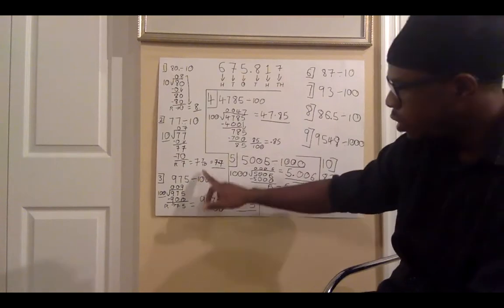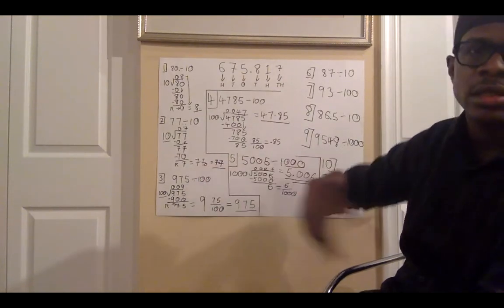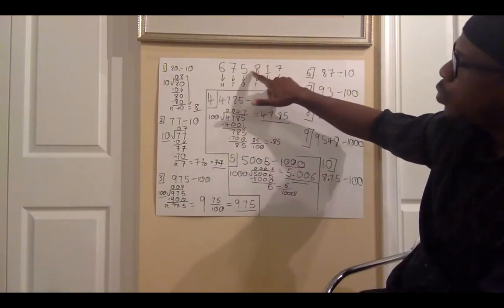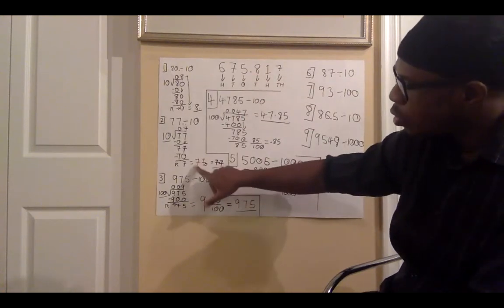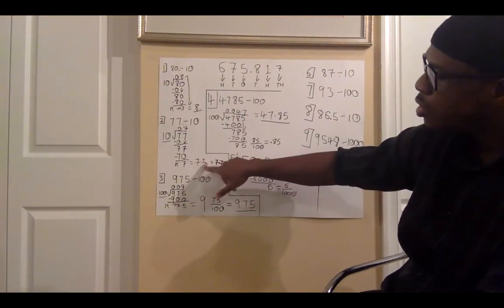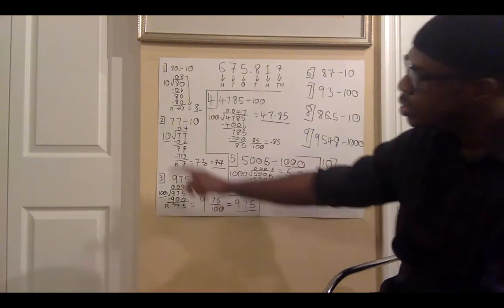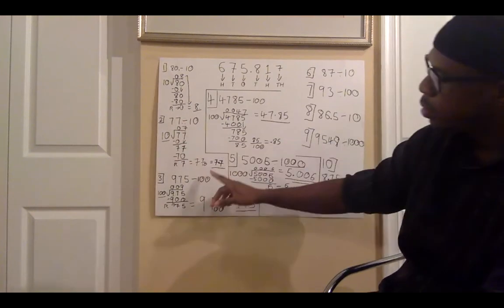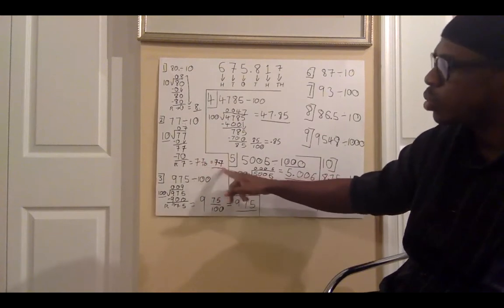So this is letting me know that the 7 over 10, the 7 is in the tenths place value, which is right here. So we know that it's 0.7. So our answer is a whole number 7, and then if we change this into a decimal, it's 0.7. So 10 can go into 77 7 times with a remainder of 7 over 10, or 7.7.